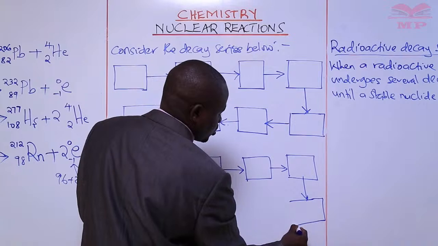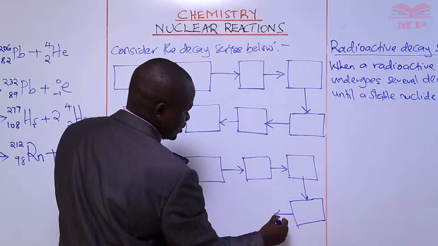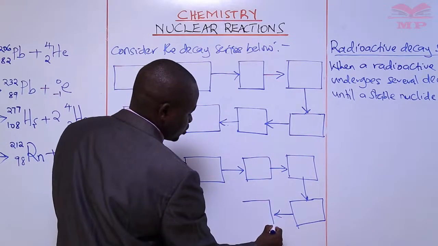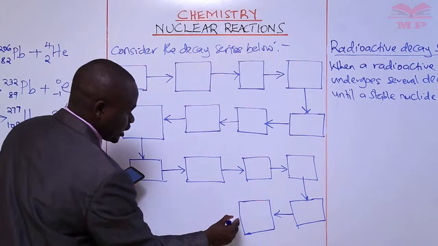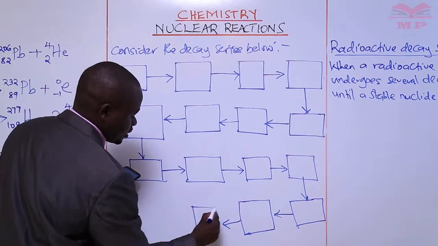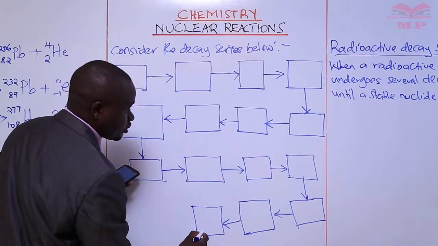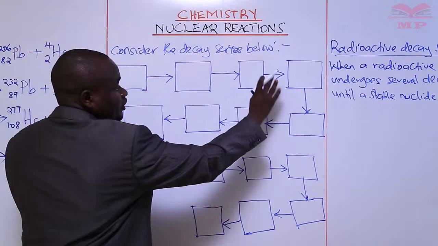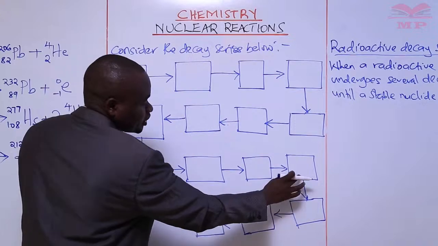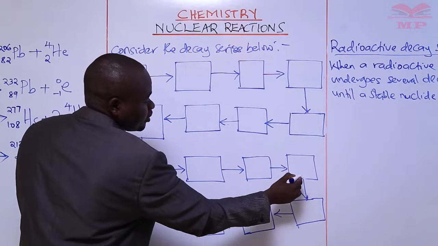Be able to balance in terms of mass number of the new nuclide and atomic number. So this is what you're calling a radioactive decay series. So you can see it is taking place in several stages.